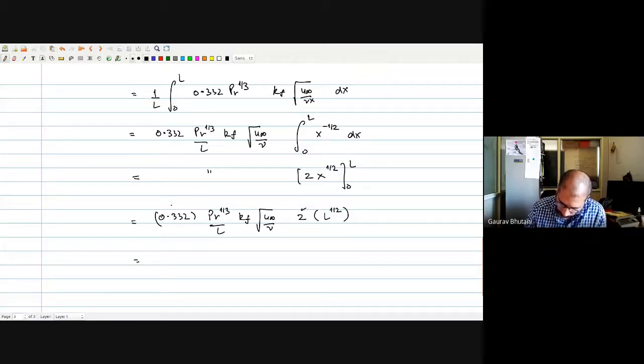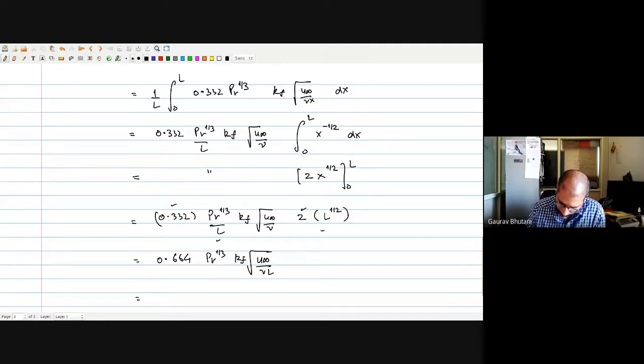So I can club this 2 with this constant, so this becomes 0.664, and then these two will give us L to the power of minus half, so that is a square root with u infinity, and then you have L here. We still have a kf, and we still have a Prandtl number to the power 1 by 3.